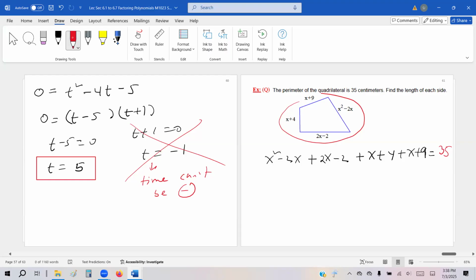What do you think our next step is? Combine like terms. So we have 1x squared. Oh, we have plus 2x minus 2x. They cancel out. And we have 1x plus 1x. How many x's? 2x. And we have minus 2 plus 4 plus 9, which is 11, equals 35.